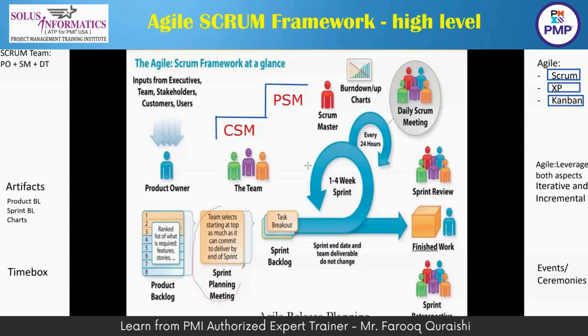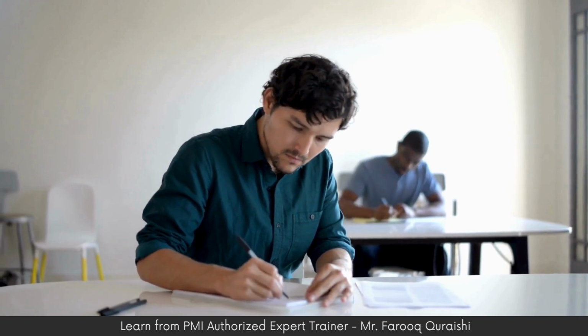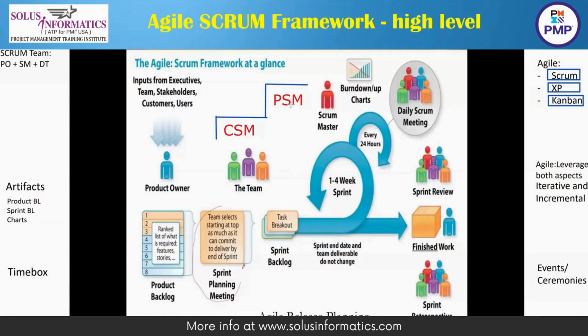If you're new to Agile, then first you go for CSM. If you're already working in an Agile environment, then you could look at specializing, go for the PSM, $150. You have to go to the scrum.org website, pay the fee online, schedule your exam and take it from home. So anyways, now let me explain the Agile Scrum framework to you.